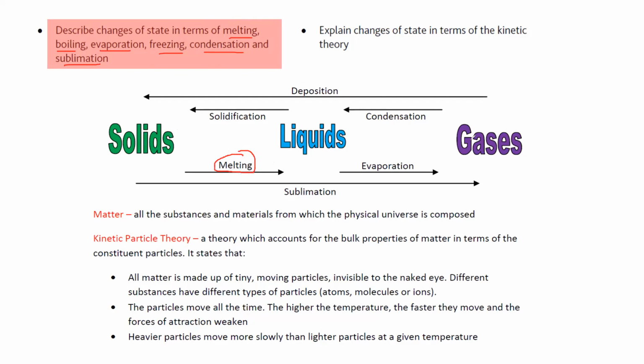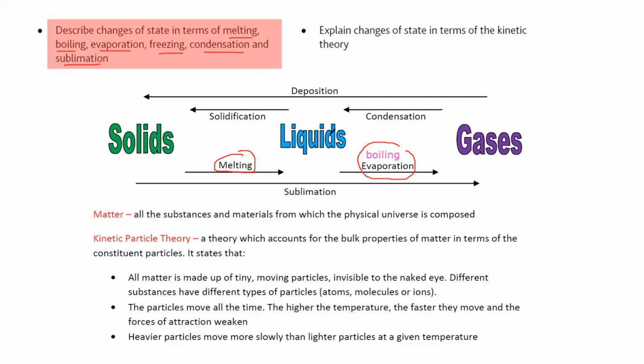If a liquid is changing into gas, we call that boiling or evaporation. There is a difference between boiling and evaporation. We will discuss that difference as well. But first, we are only discussing the changes in the state. So when a liquid is changing into gas, we can call that boiling, or we can also call that evaporation.